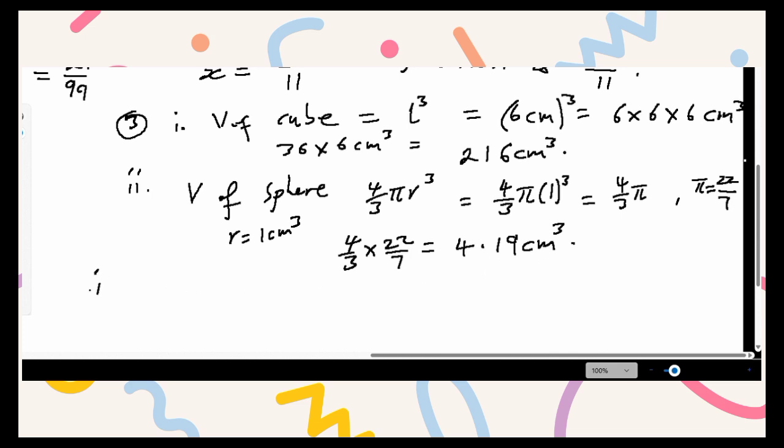So if a sphere has a volume of 4.19 centimeters cubed, and the total volume of the cube is found to be 216 centimeters cubed, and you want the total number of spheres that could be formed, then all we've got to do is to divide the total volume of the cube by the single volume of a sphere.